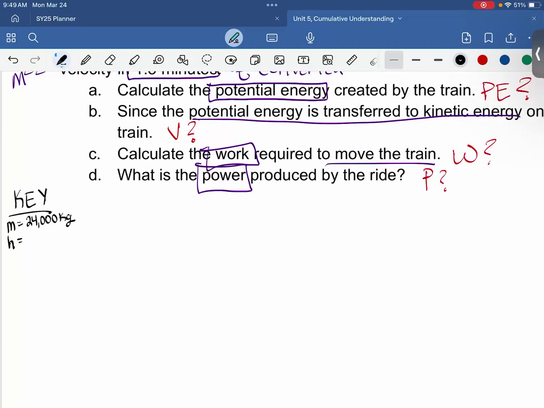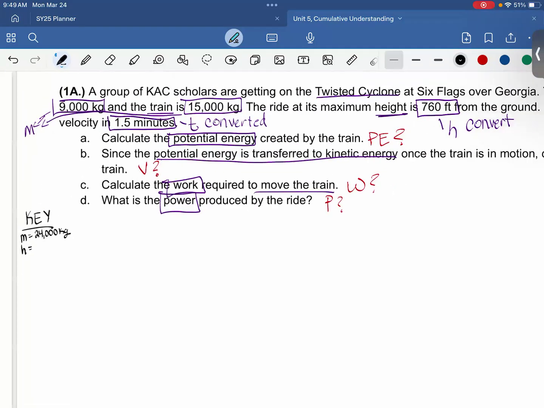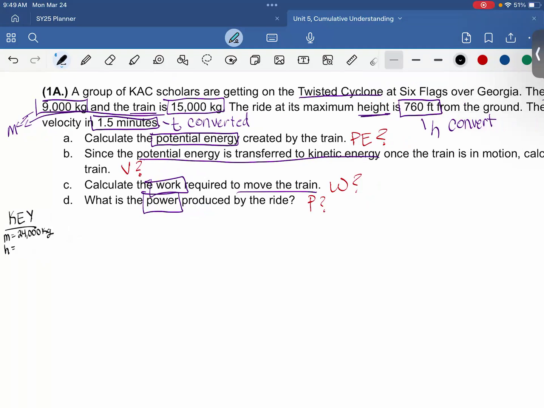The next piece of information that they gave me is the height or displacement. In order to convert this height, I'm going to take 760 feet and convert it to meters. So I'm going to do a quick conversion. I'm going to end up erasing this because by now we should know how to do quick conversions. But 760, my conversion is 3.281 feet in 1 meter.